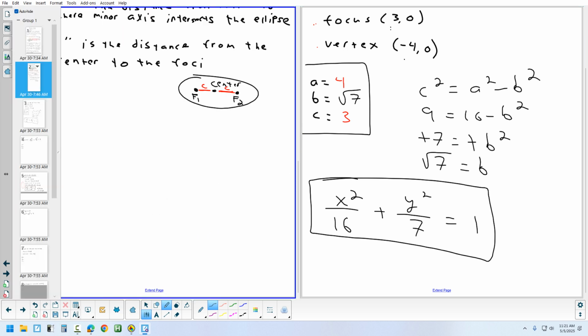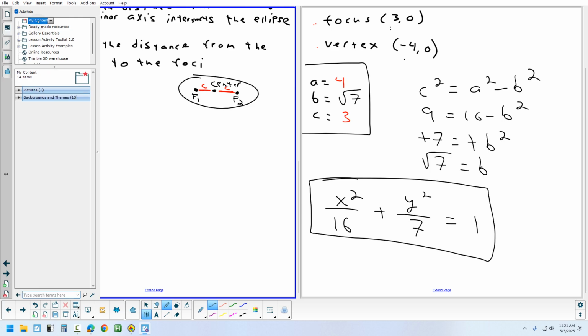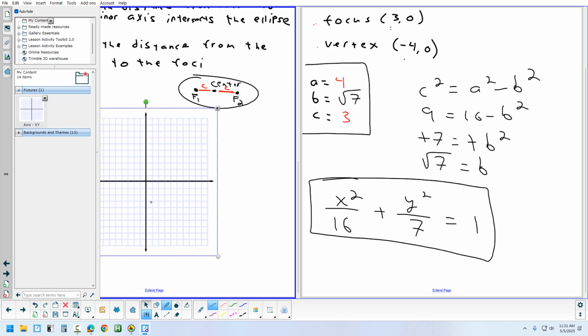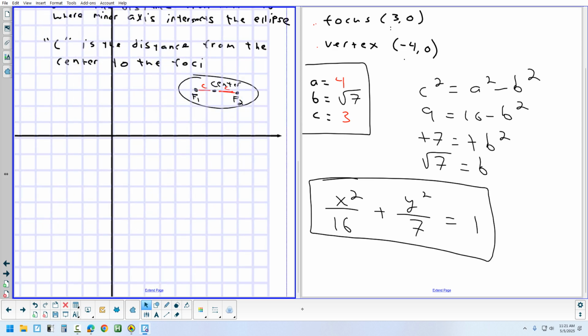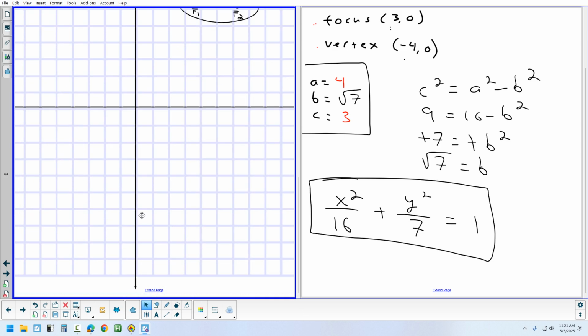So A is the distance between the center and the vertex.